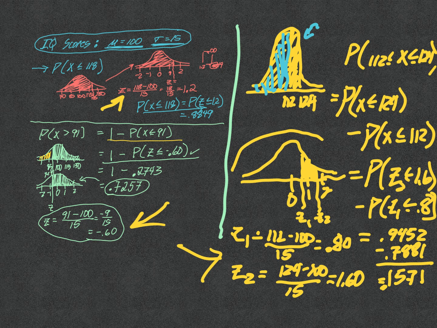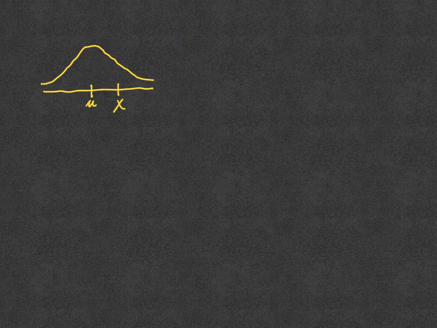So now we can go backwards as well. We have to work ourselves backwards, so let's talk about that. Now we're essentially doing the same problem, and what we have here is that the mean is equal to 100, the standard deviation is 15, and we know that the probability is 0.91, or 0.9099.